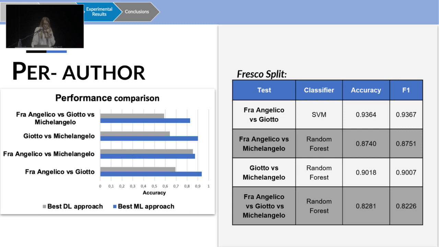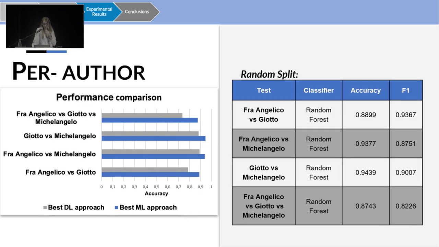In general, we can observe that we have a F1 score that is over 80% for all the classification tasks, and that the random forest is probably the best solution, because also for the first category, it has not the highest result, but however it was the second, and it was more or less the same.